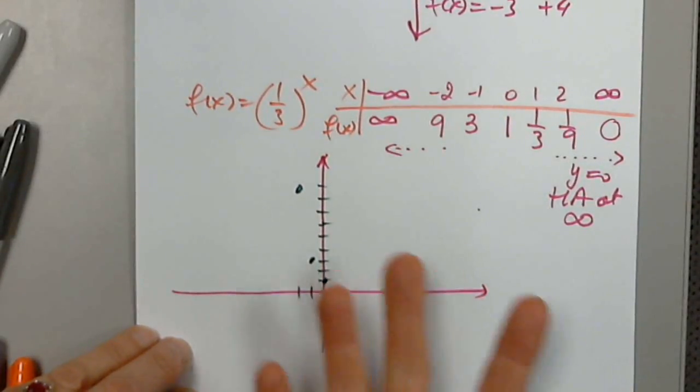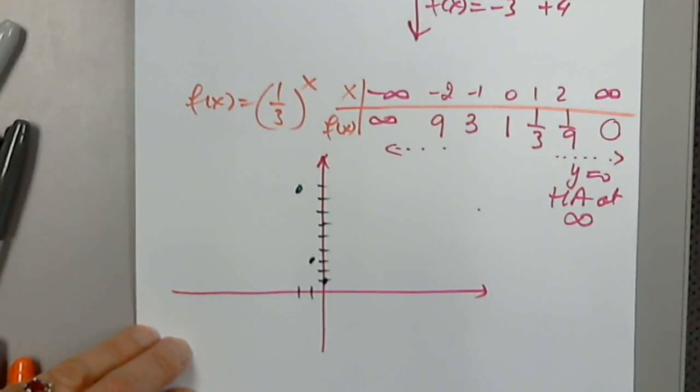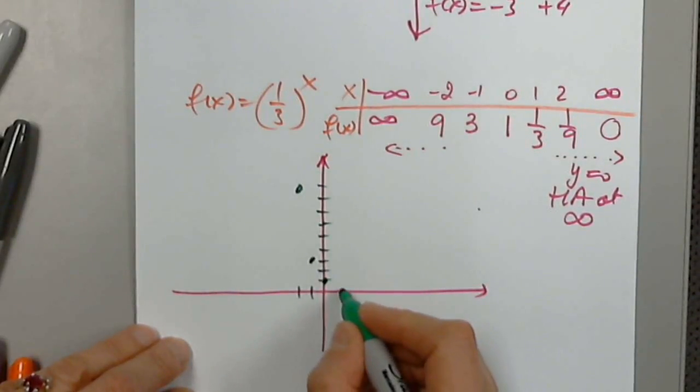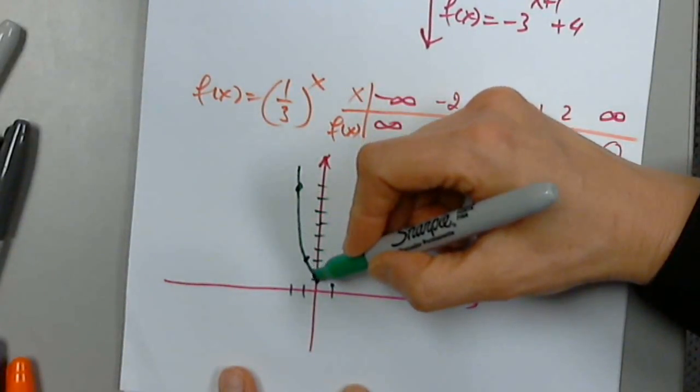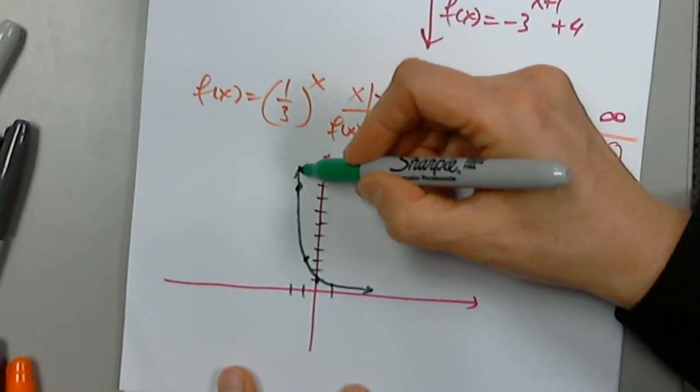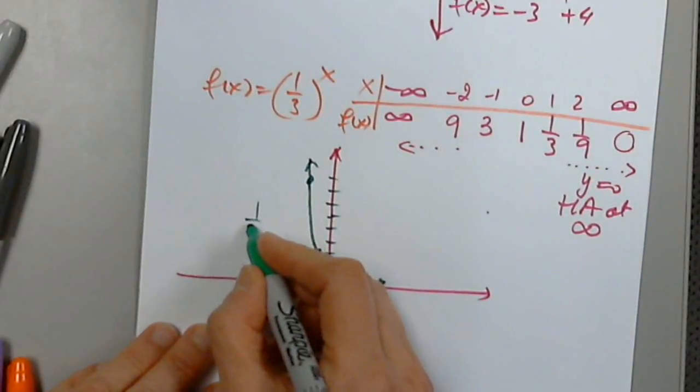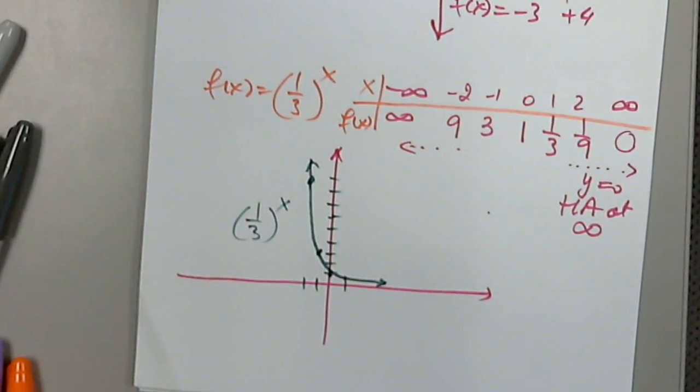It has to cross there, because it's the base function with no transformations applied. So it has to cross at 0, 1. And then I get in trouble because it's kind of difficult to plot. So this is 1/3 raised to the x.